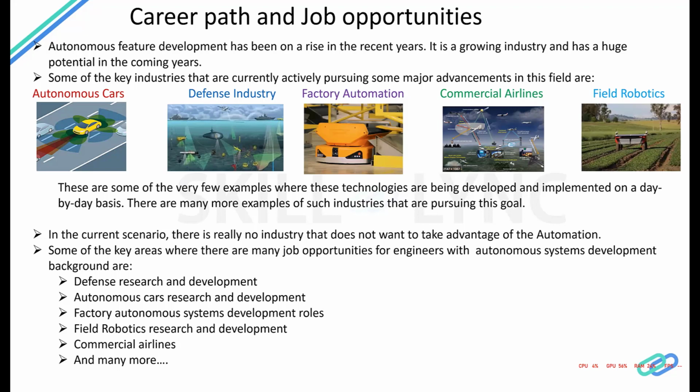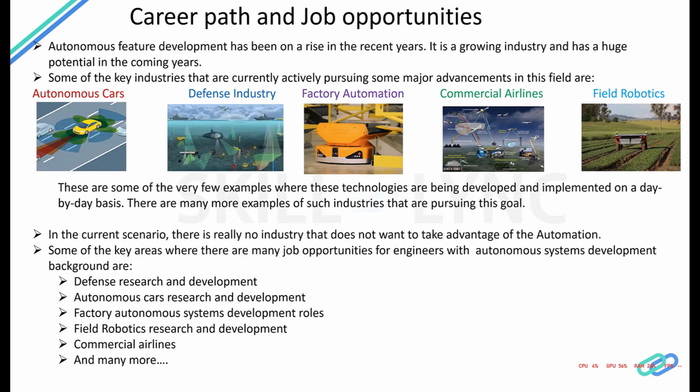Autonomous cars is, as I said, a booming industry at this time, and a lot of countries are passing regulations to move to engineless cars like electric cars and all that. And along with electric cars, autonomous features are also becoming a norm in the vehicle industry in general.